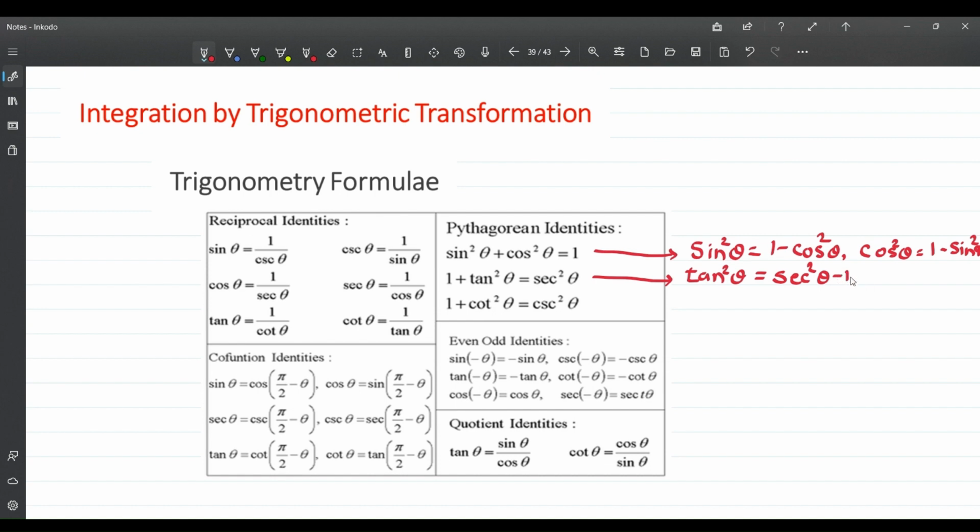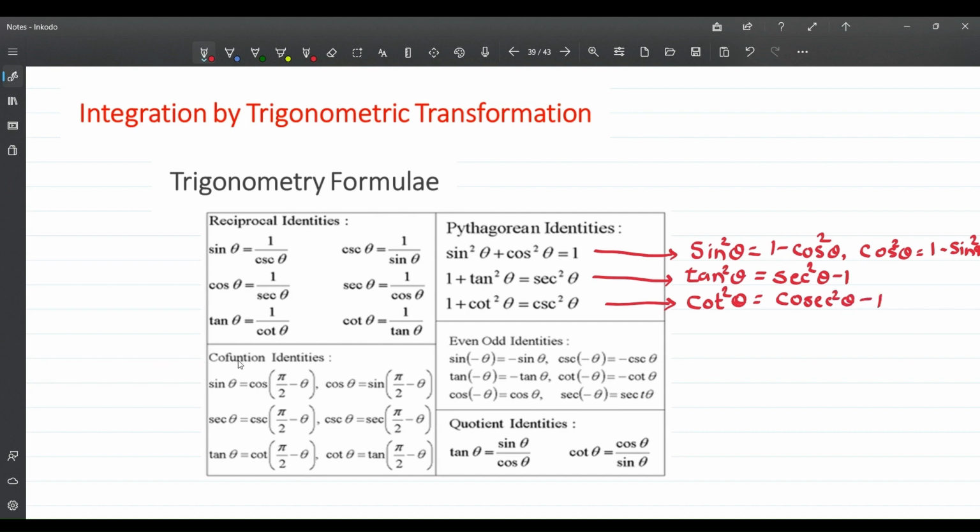So we have to use this formula for the integration of tan square x. Similarly, last one, 1 plus cot square theta is equal to cosec square theta. Then the formula for cot square theta is cosec square theta minus 1. So we have to use this formula for the integration of cot square theta.